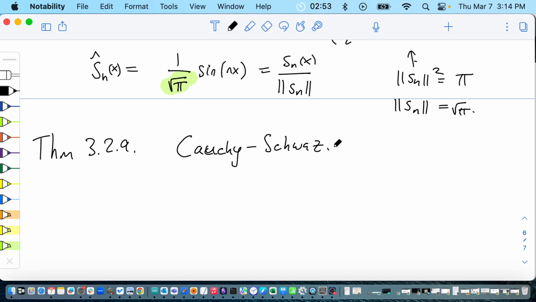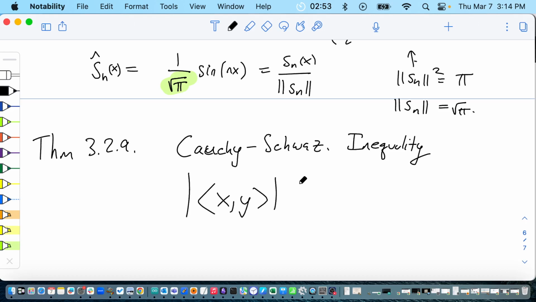So the somebody Cauchy-Schwarz theorem, you guys can look it up and tell me if I'm forgetting to properly credit someone. The Cauchy-Schwarz inequality says that if you have two vectors and you do their inner product, it can't be longer than the length of the vectors. All right? So it says the absolute value of the inner product of x and y is less than the norm of x times the norm of y.